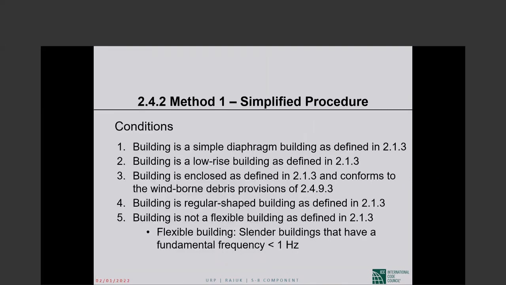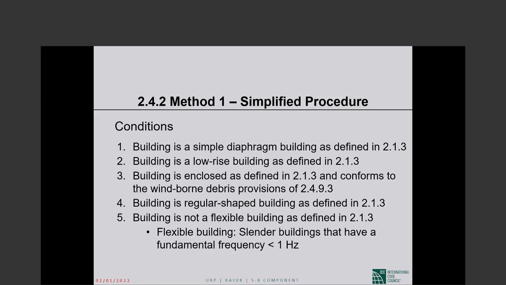There are a number of important conditions under which the simplified design procedure is applicable. The building has to be a simple diaphragm building. The building has to be a low-rise building. I will show you a definition on the next slide. The building is enclosed. I have indicated what that means. It conforms to the wind-borne debris provisions, meaning that the glass is impact resistant.